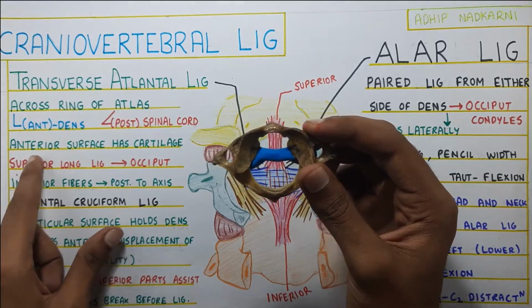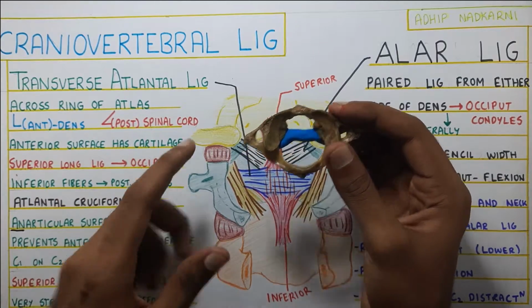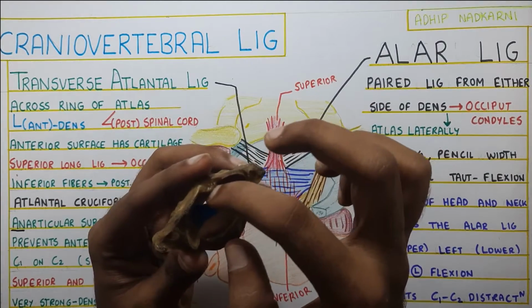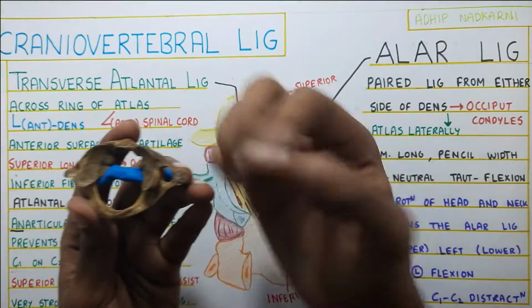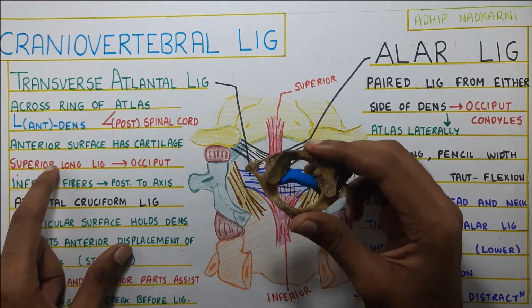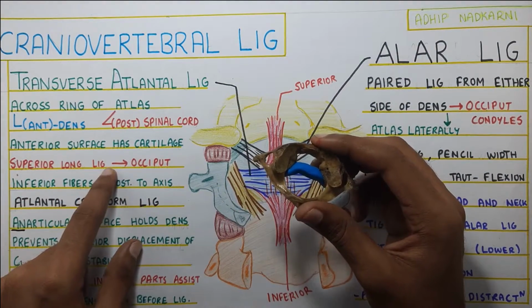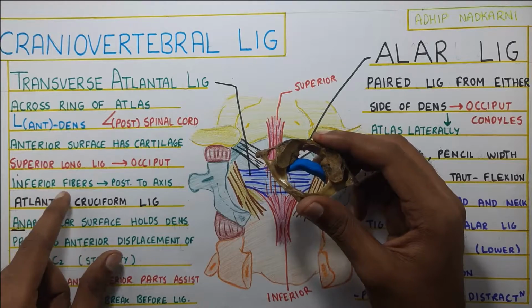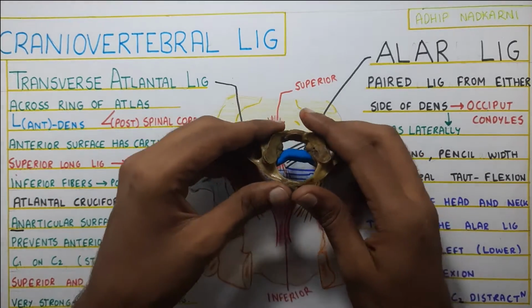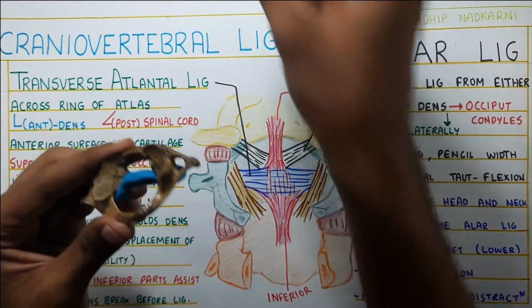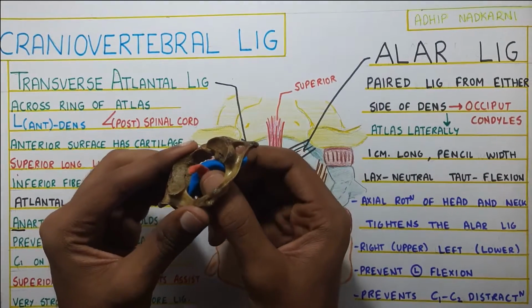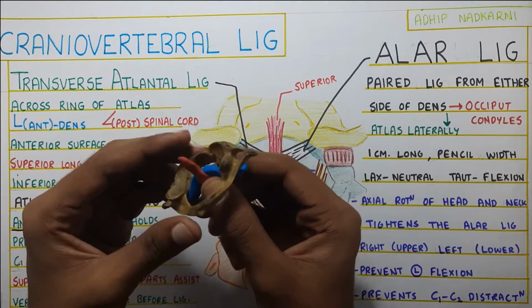And the next one is the anterior surface has a cartilage. So the anterior surface has some amount of cartilage which will articulate with the dens, and also there is the superior longitudinal ligament on the posterior side and the inferior fibers, okay. So that would be present over here like this, okay.